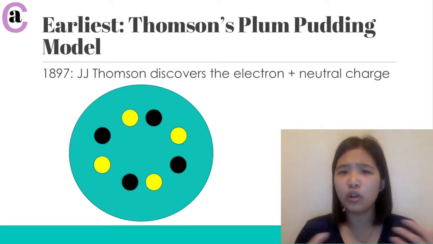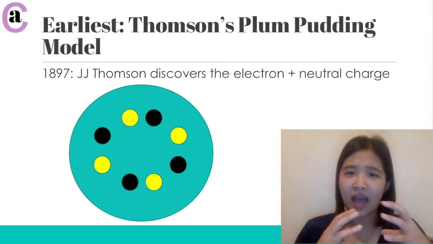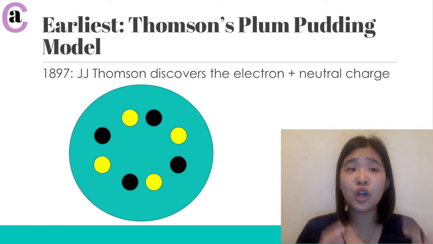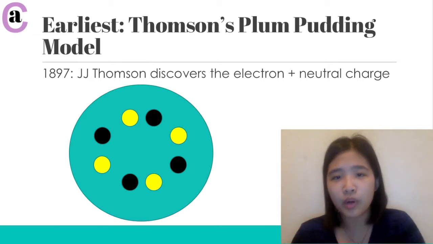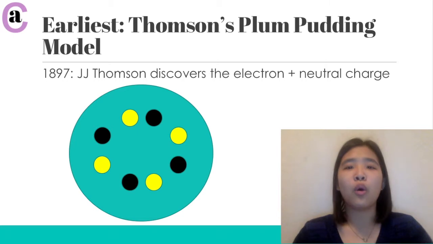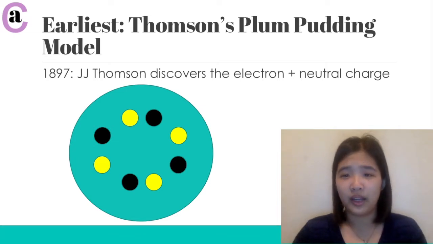If you look at the cookie or the atom as a whole, there's no specific part where you're going to find all the electrons or all the protons or all the neutrons. So the very first model was the Plum Pudding Model, and it is also the most intuitive.